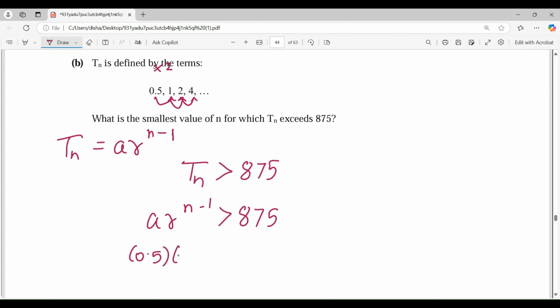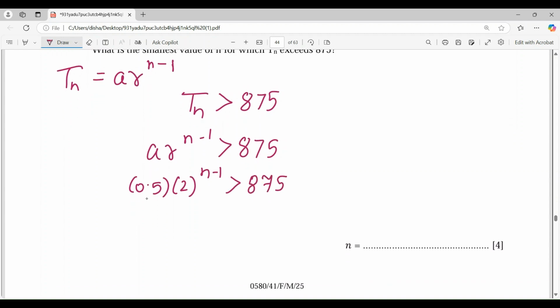What is r? The value which is multiplied or divided. So 2 is multiplied to get the next term. So r is 2, raised to n minus 1. I want to find which term it should be so that it is greater than 875. So 2 raised to n minus 1 is greater than 875 upon 0.5.